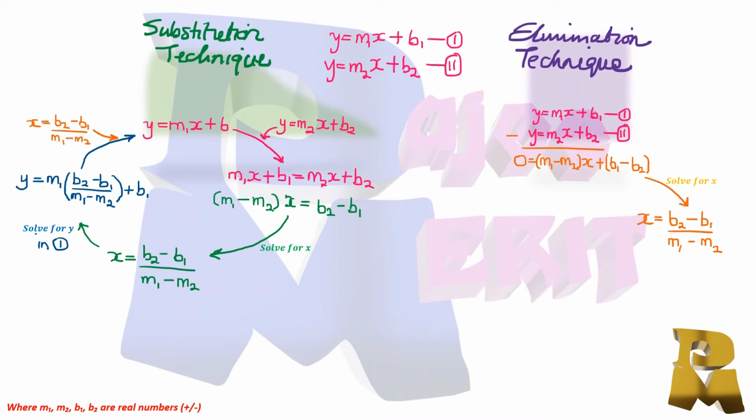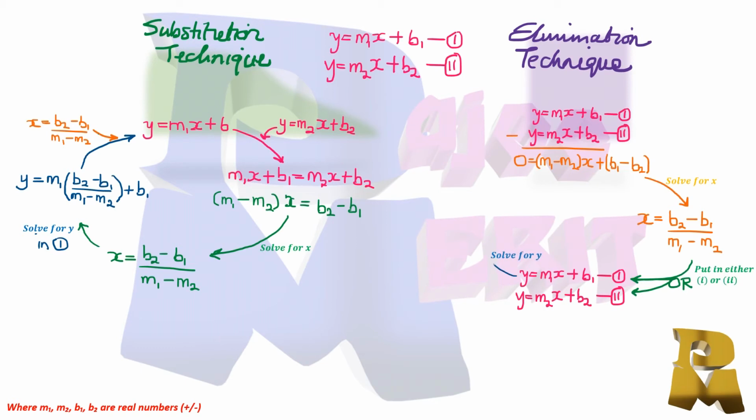It means here that whatever you do, by substitution or by elimination, you will get the same x no matter what. And once you find the x for that elimination, which is the same as the substitution technique, you actually put your x value either in equation 1 or equation 2.